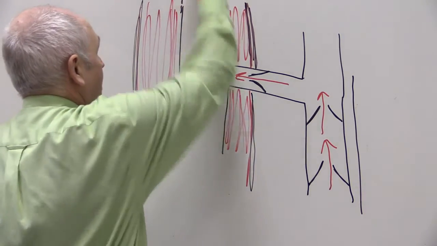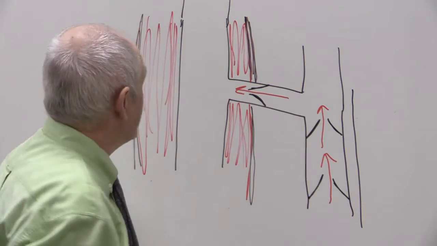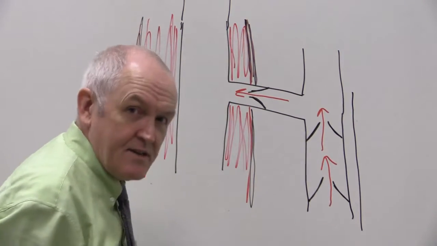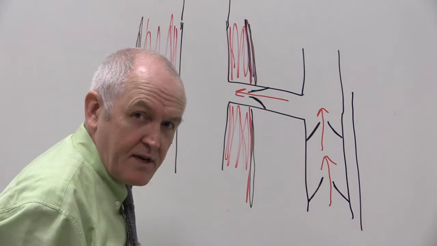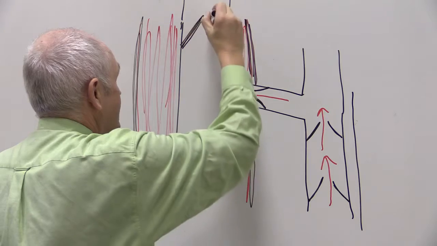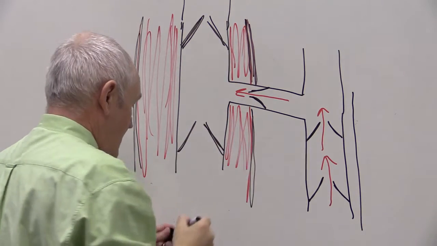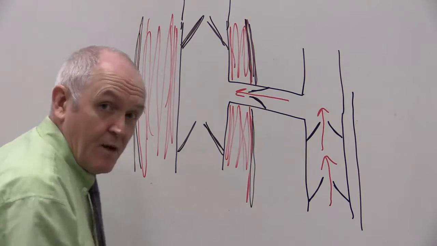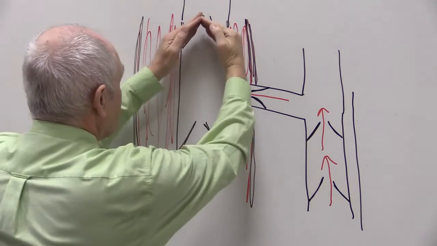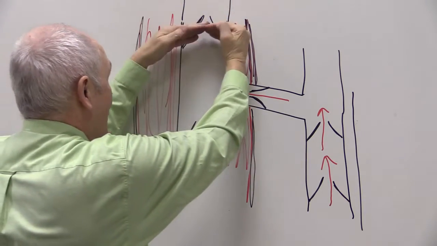And that goes on up, and in the case of the legs, that's going up towards the inferior vena cava. And there are also valves in these deeper veins as well. And again, these valves are pointing up the way, so the blood can go up, but can't go back.